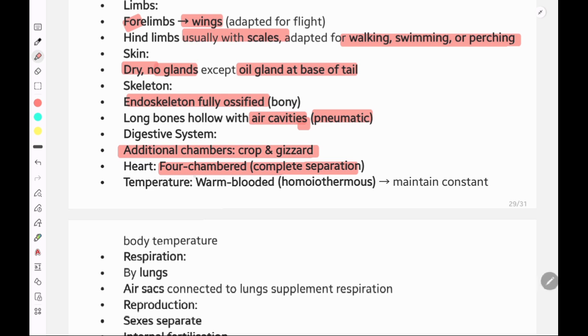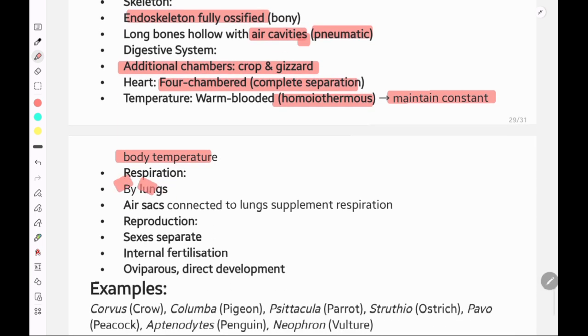They can regulate their own temperature by increasing or decreasing the heartbeat. They are homeothermic, which means they can maintain a constant body temperature regardless of change in the outer environment. That doesn't mean they can survive extreme cold or extreme heat, but they can manage up to a certain increase or decrease in temperature. All of them have lungs to respire.